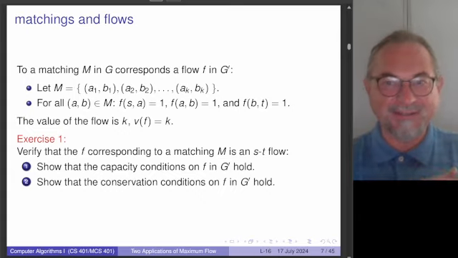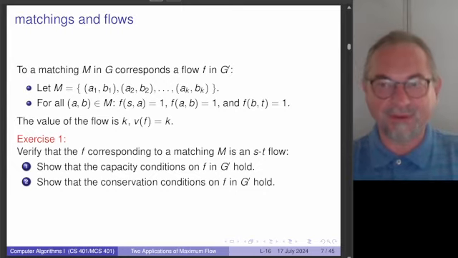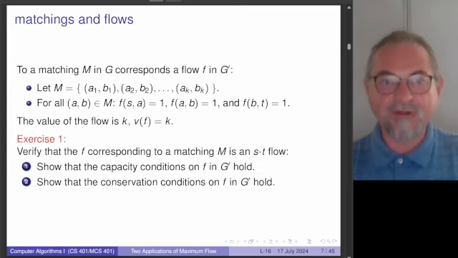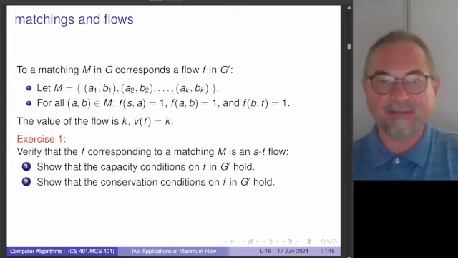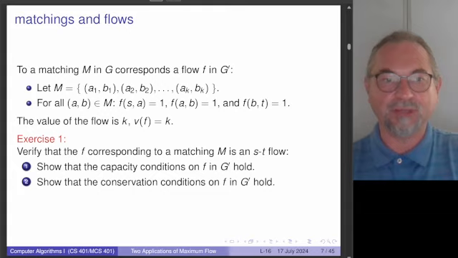So the slide starts by saying, if you have a matching, that means that you have a set of edges where the first vertex in any edge starts in the first set, and the second vertex in the edge belongs to the second set.